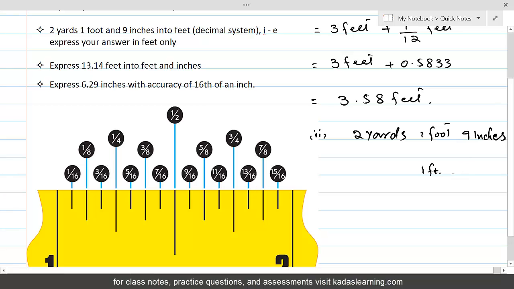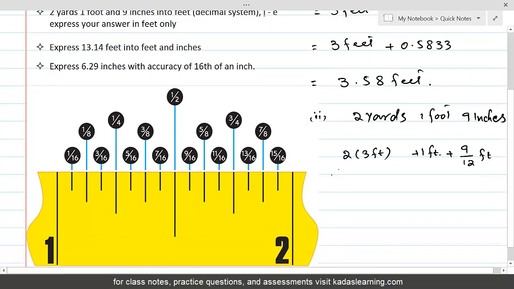We'll convert inches into feet. So this will be plus 9 divided by 12. And yards will be converted into feet as well. This will be 2 times 3 feet. And this way we will have 6 feet here plus 1 foot here, and 9 over 12 is equal to 0.75 feet.